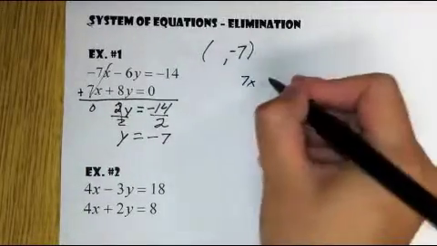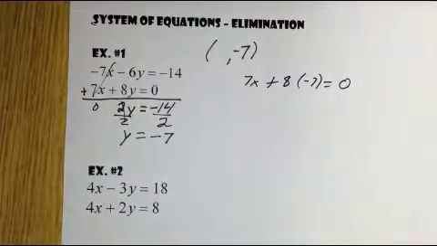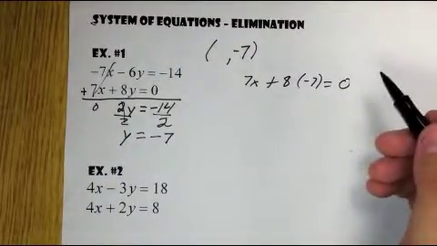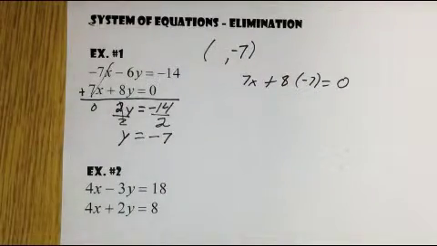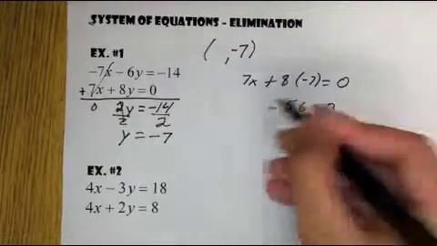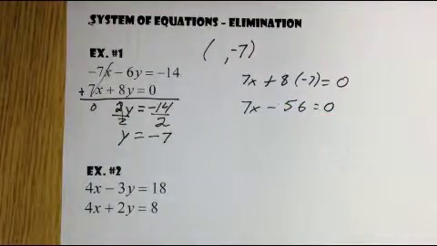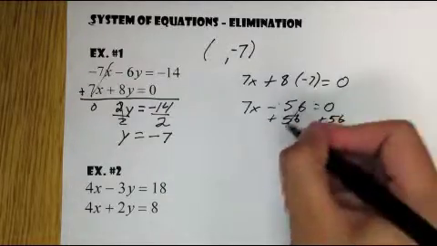So we have 7x plus 8 times negative 7 equals 0. Okay? Can we solve for x now? Yep. 8 times negative 7 should give you negative 56. Okay. Add 56 to both sides. You should know how to do this already.